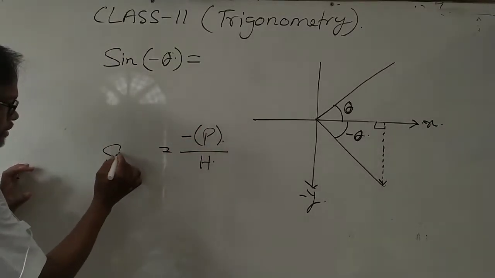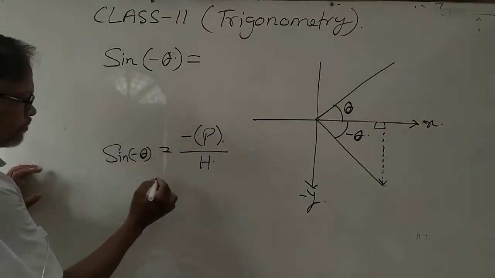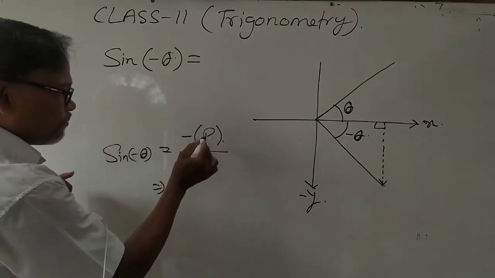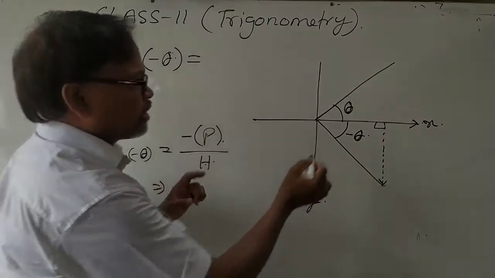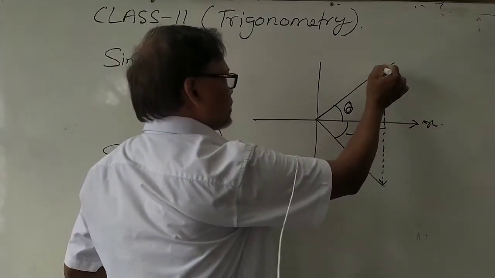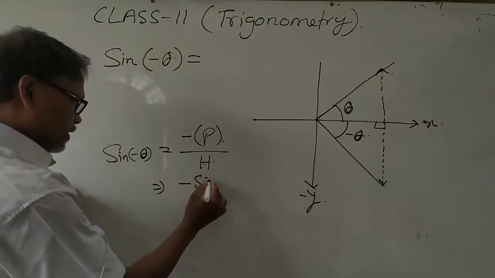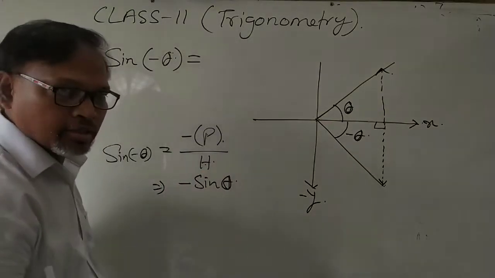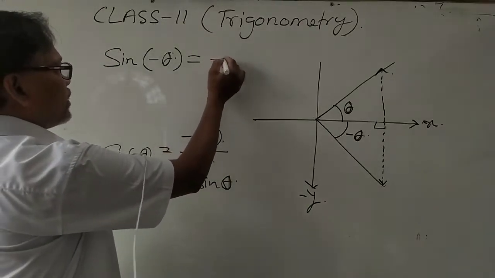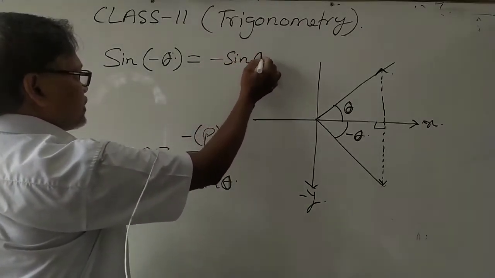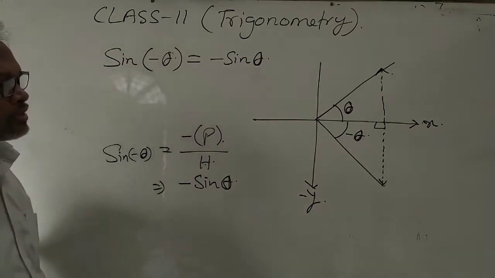This is the sine of minus theta. And the main formula of P by H is perpendicular upon hypotenuse in the same direction, so this will be positive, meaning sin theta. So you can write it as minus sin theta. Means the formula is minus sin theta. Do you understand?